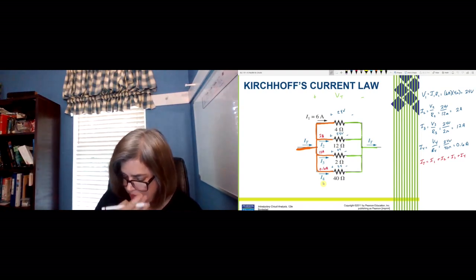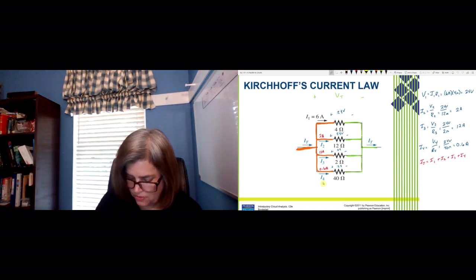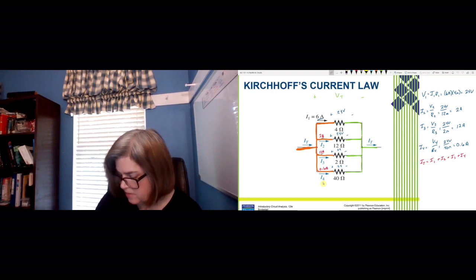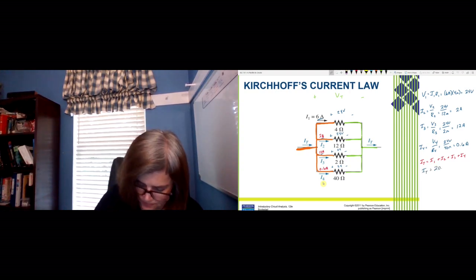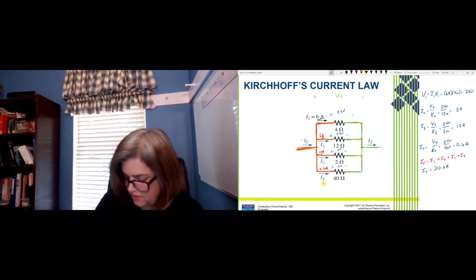So what would that be? 6 plus 2 is 8, plus 12 is 20, plus 0.6. IT should be 20.6 amperes. And of course that should be the current leaving over here too, right?